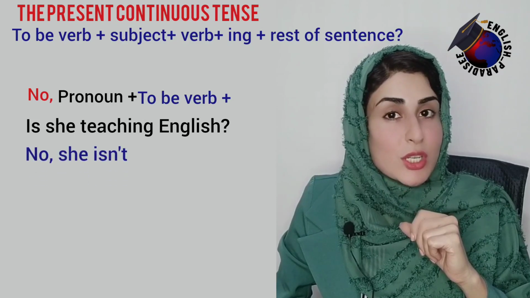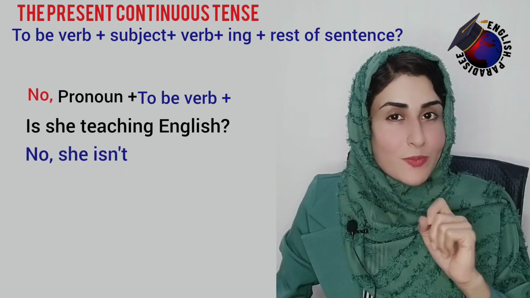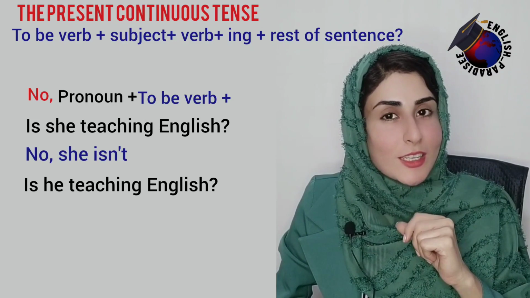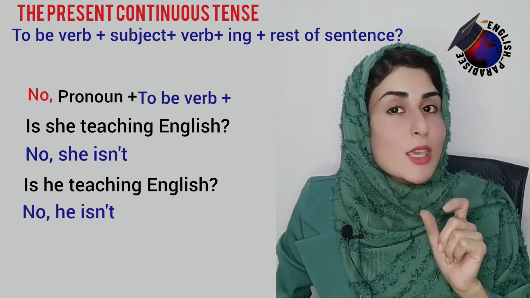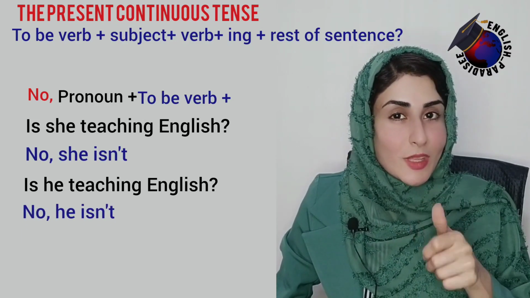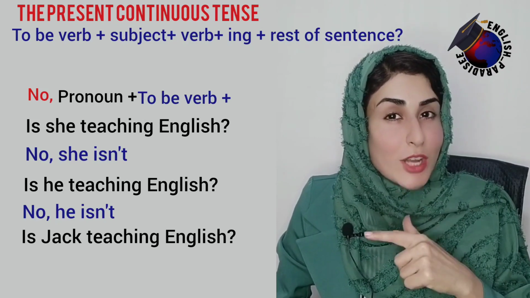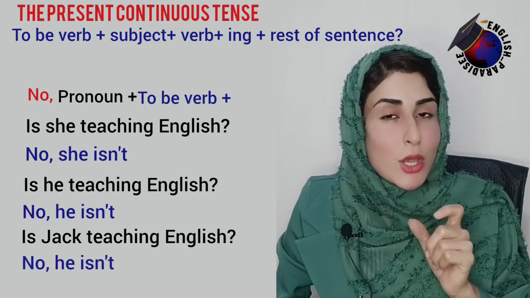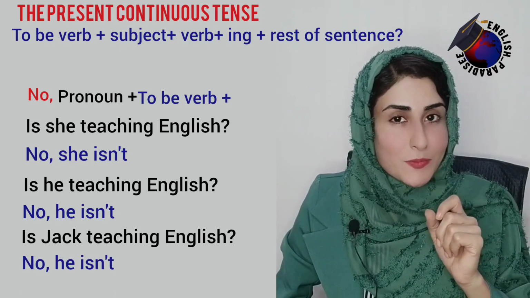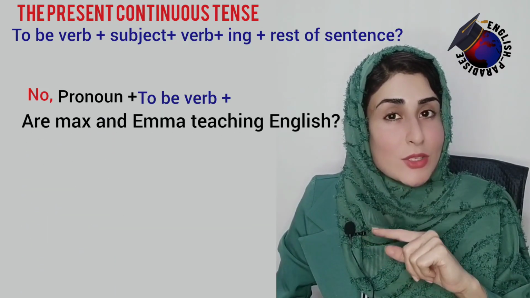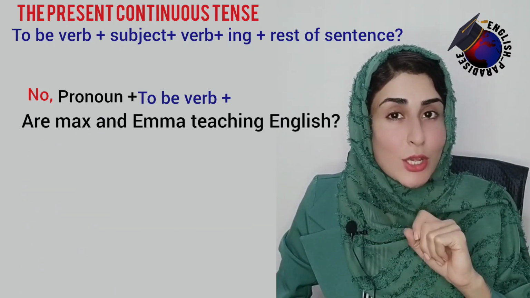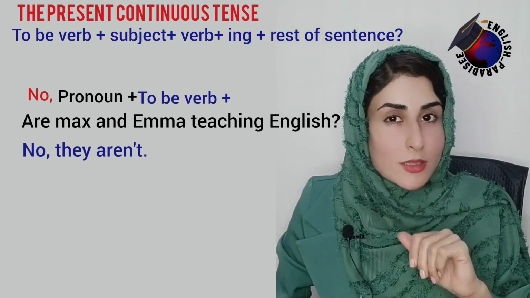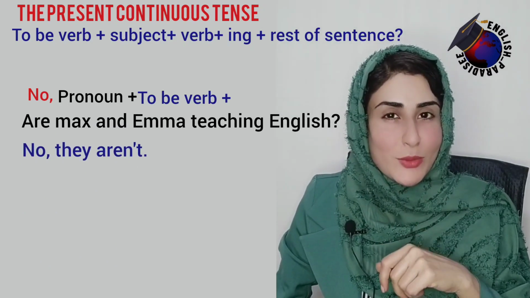No, she isn't. Is he teaching English? No, he isn't. Okay? Is Jack teaching English? No, he isn't. Are Max and Emma teaching English? No, they aren't. Okay, remember this point.